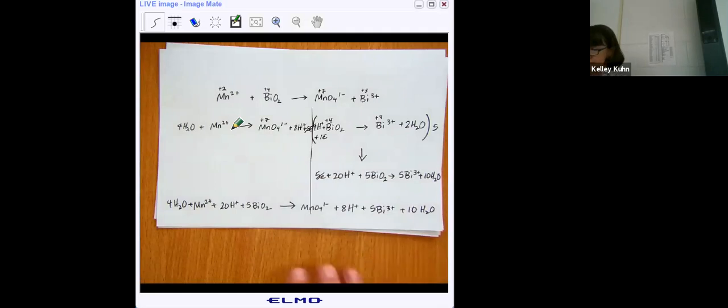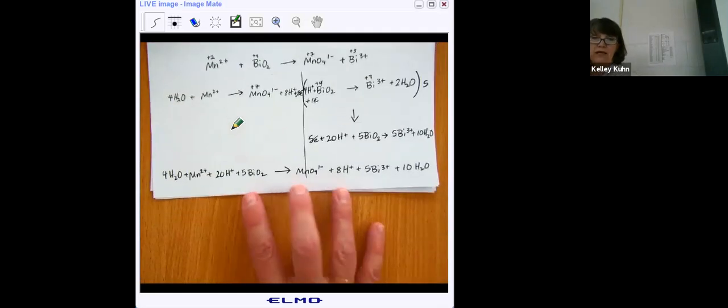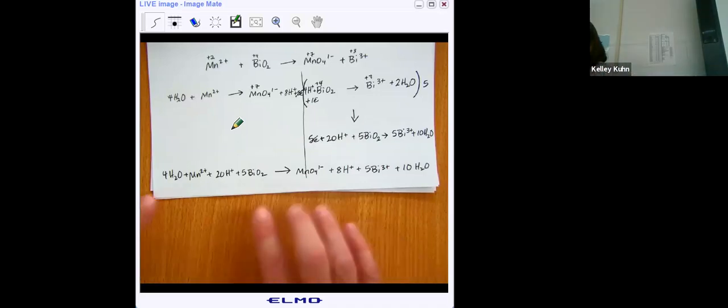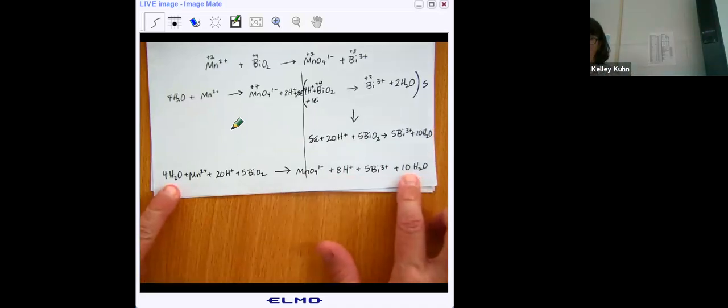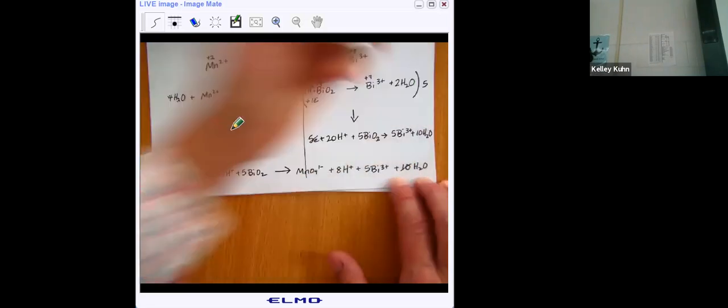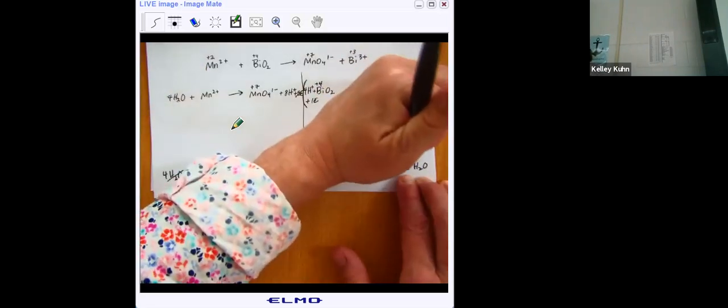Now, one thing you'll notice at this point is that I've got waters on both sides and hydrogen ions on both sides. So I'm going to want to cancel those out. So what I can do is subtract 4 waters from each side. That'll get rid of the waters here, and when I subtract 10 minus 4, this one's at 6.